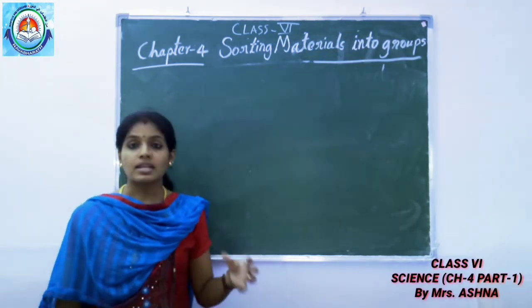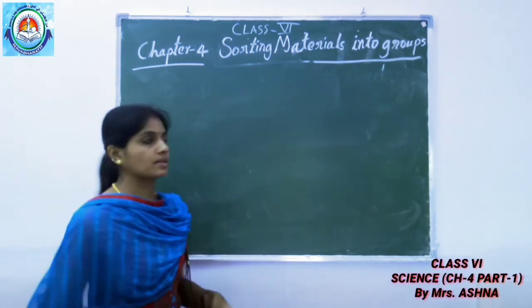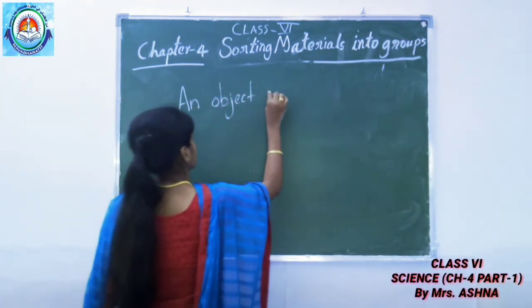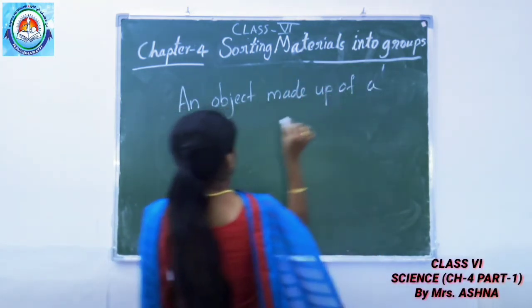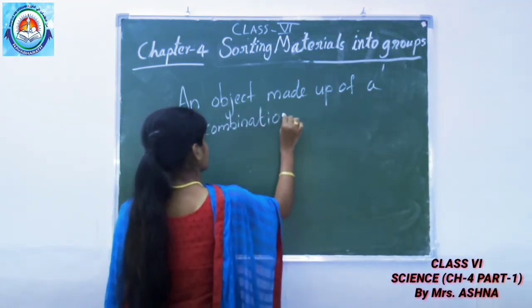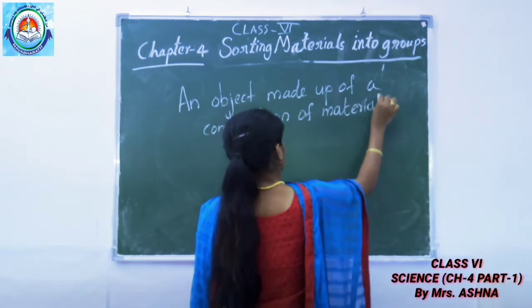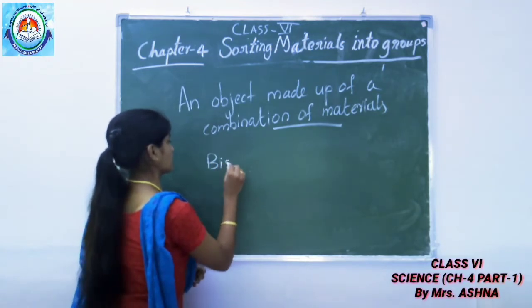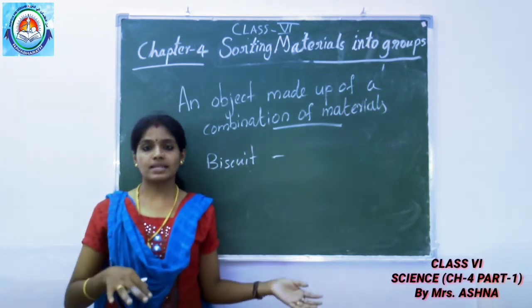Okay. Next topic, an object is made up of a combination of materials. For example, biscuit. What are the things needed to make biscuit?